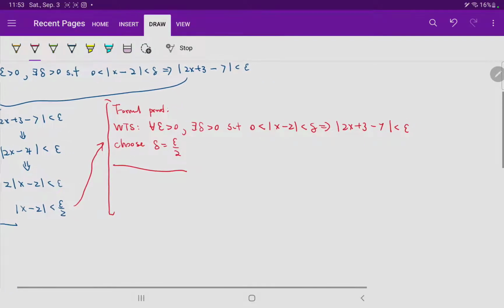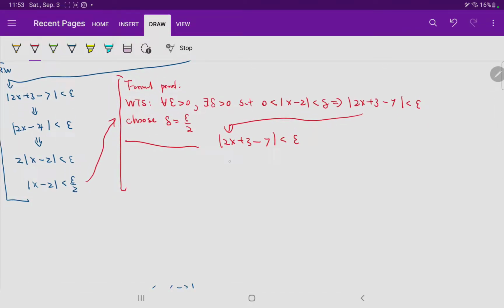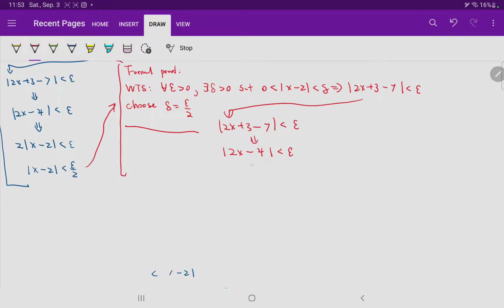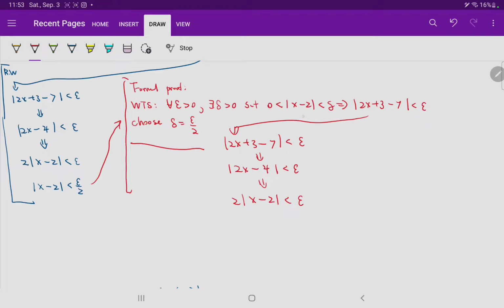Okay, as you can see, f of x minus L, which in this case is 2x plus 3 minus 7 smaller than epsilon, can be simplified again: 2x minus 4 is smaller than epsilon, which then becomes 2 times the absolute value of x minus 2 is smaller than epsilon. And if you look at our assumption, I'm going to use the green pen here, our assumption says that the absolute value of x minus 2 is smaller than delta.